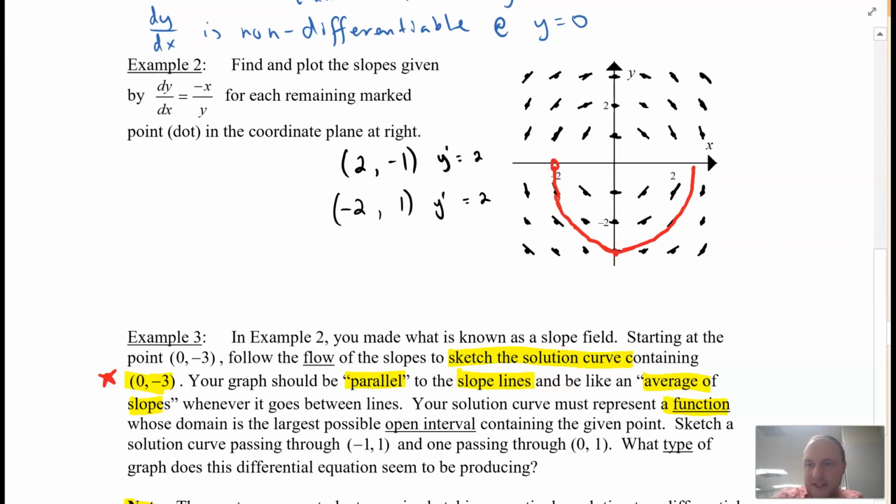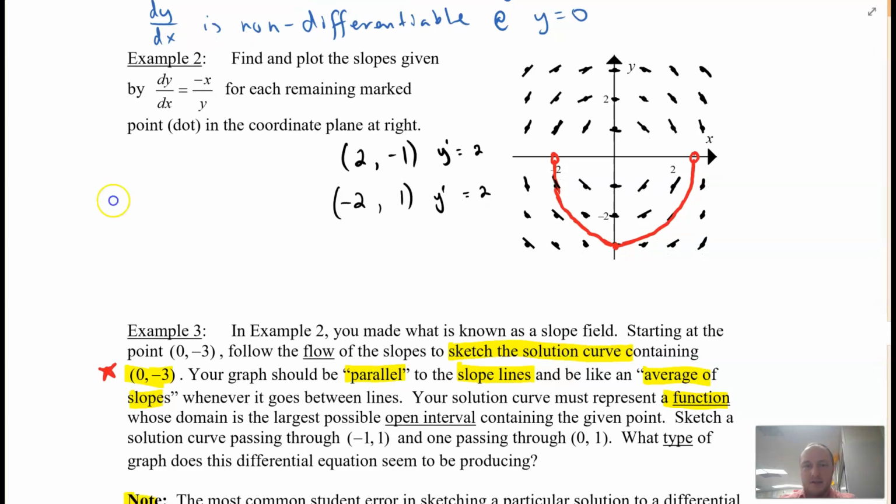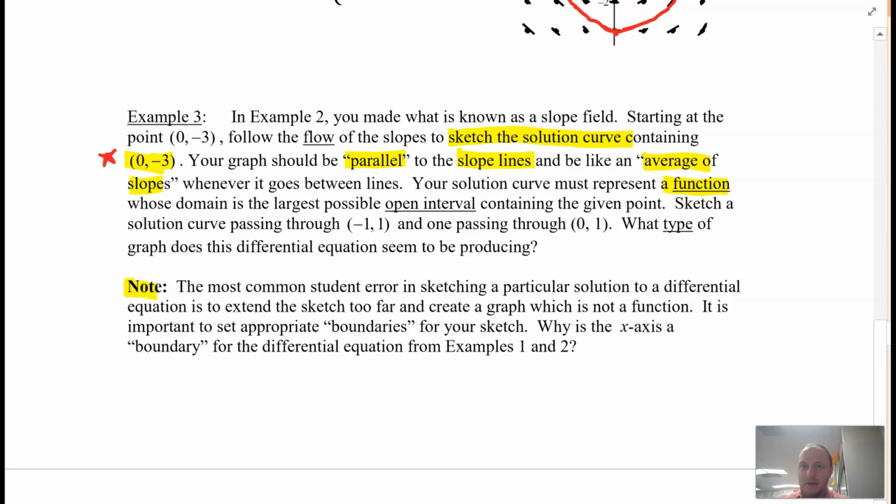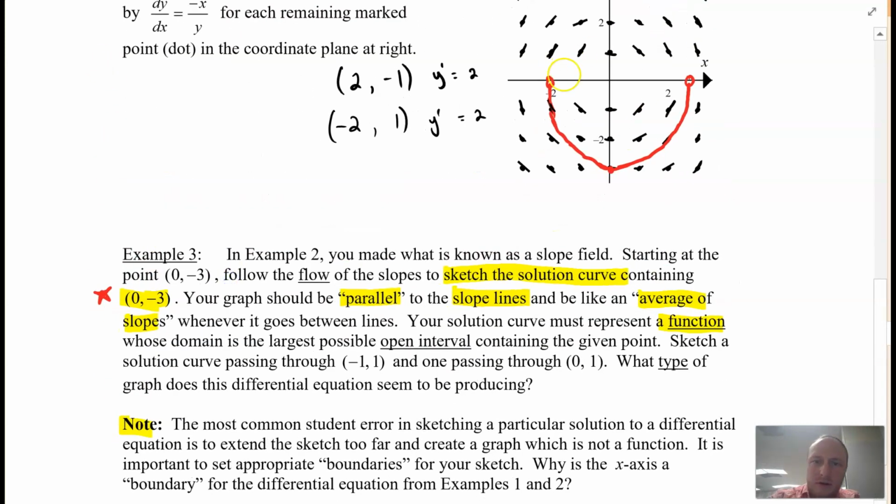At my x-axis, it's non-differentiable, so I have open circles. Okay, and that is slope fields. Actually, this side should be more, about there. Okay, all right.